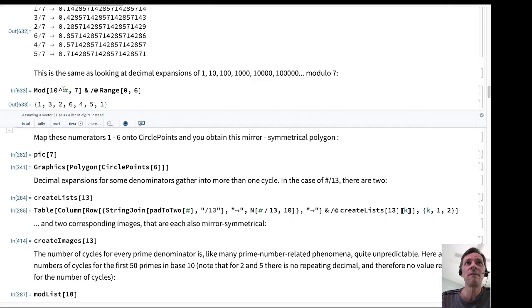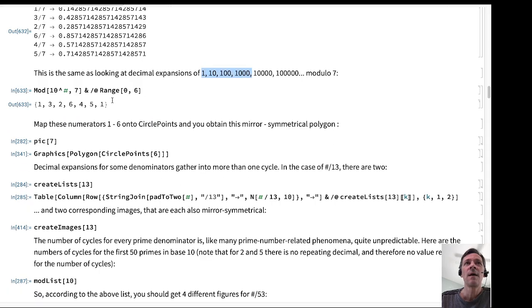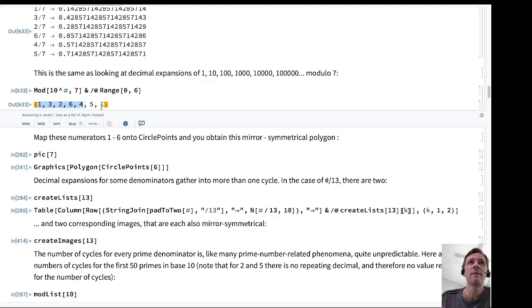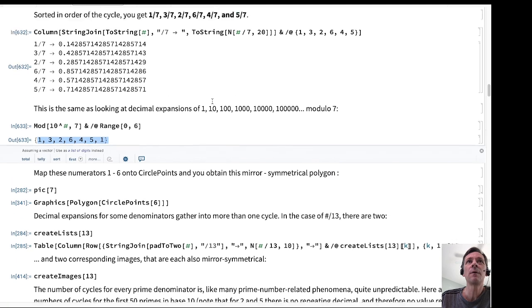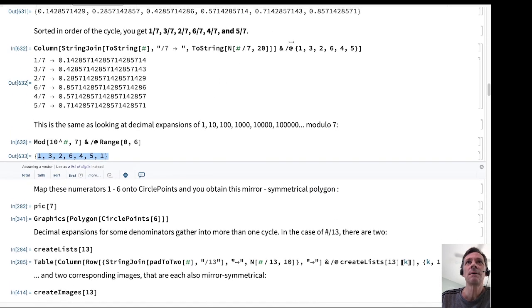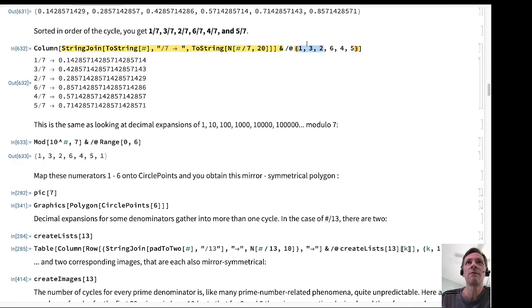It says 10 to the x mod 7 in the range 10 to the 0, 10 to the 1, 10 to the 2. That's just these numbers. If I look at each one of these numbers modulo 7, then it spits out this series of numbers. And that series, as I say, is the same as the number series up here.